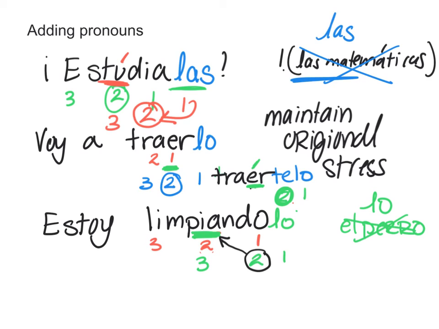While we're accenting the stress-breaking syllable, now we have a decision if we're going to put the accent on the A, which is a strong vowel, or on the I, which is a weak vowel. Let's think of what would happen either way. If we put the accent mark on the I, then we're going to have a combination of a weak I with a strong A, and that's actually going to break it up into 2 syllables.